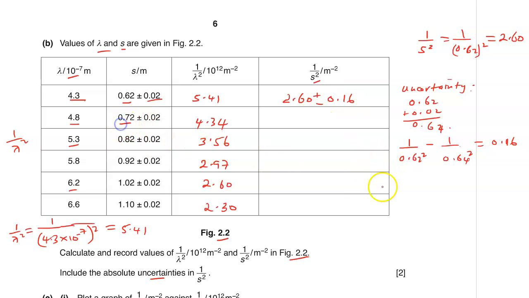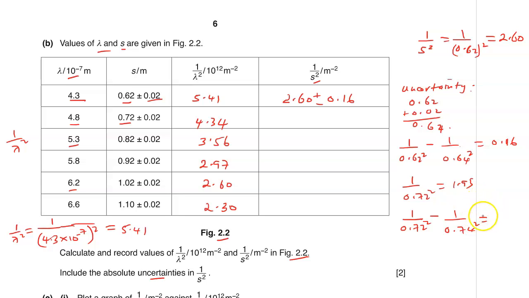You go for the next one, you write 1 over 0.72 squared. You calculate nicely, you're going to be getting 1.93. To find the uncertainty of this one, 0.72 plus 0.02 gives 0.74. So you find the difference between 1 over 0.72 squared minus 1 over 0.74 squared.